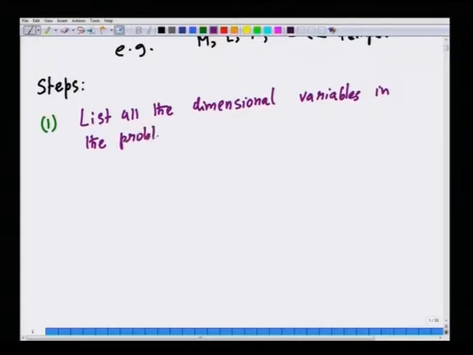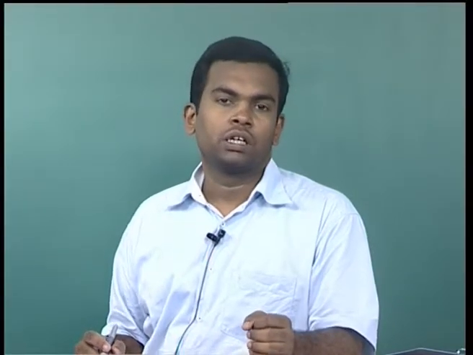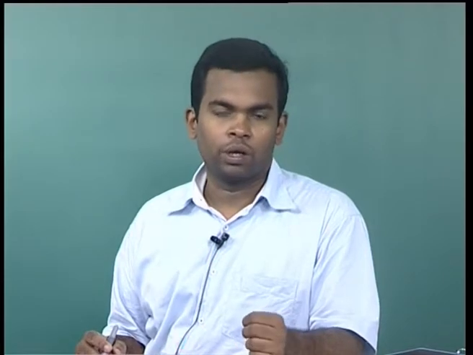As I mentioned in the last lecture, admittedly this involves some physical intuition, some engineering judgment as well as some experience that helps in deciding what are the various relevant physical parameters that affect a given quantity.